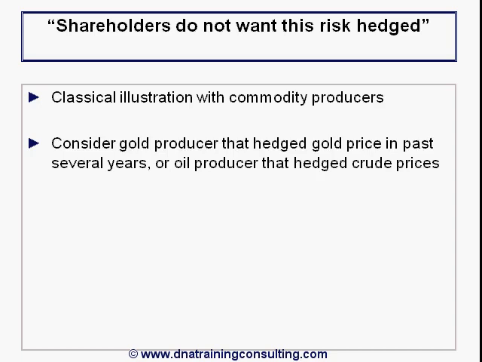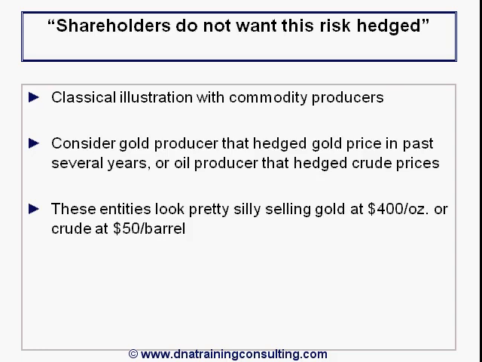Consider a gold producer that hedged out the price of gold in the past several years, or an oil producer that hedged away crude prices during the same period. These entities would look pretty silly selling gold at $400 an ounce or crude at $50 a barrel, or so the argument goes.